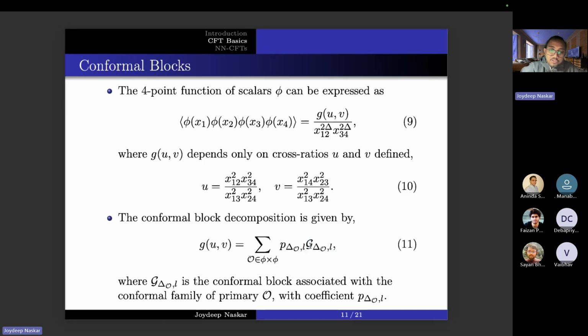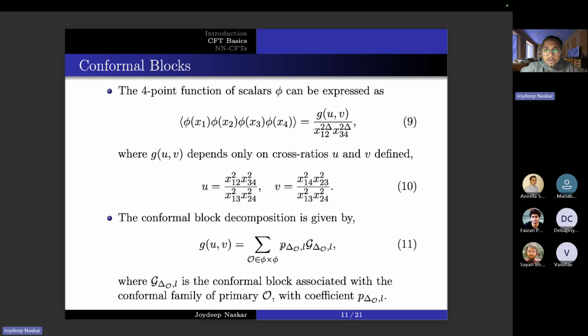I denote G_{Δ,L} to be the conformal block associated with the conformal family of the primaries O appearing with some coefficient. In the usual story, this coefficient is, up to normalization, the square of the OPE coefficient.